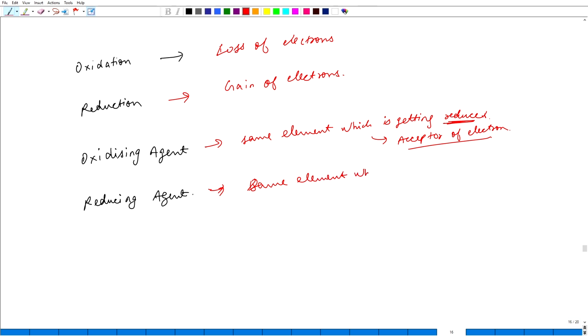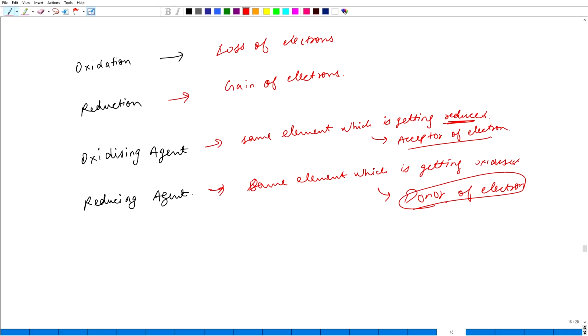The element which loses electrons is oxidation, the element which accepts electrons is reduction.